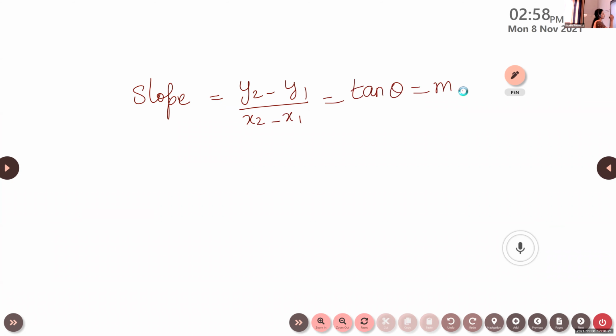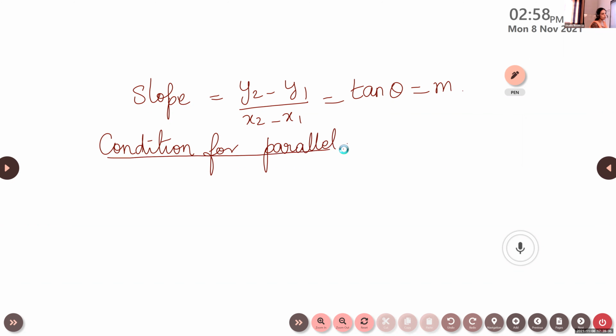Now we are going to learn about the condition for parallel. Parallel lines means they do not meet at all, isn't it? So what is the condition? How to check whether the lines are parallel or not? The condition for parallel is that the slopes are equal.